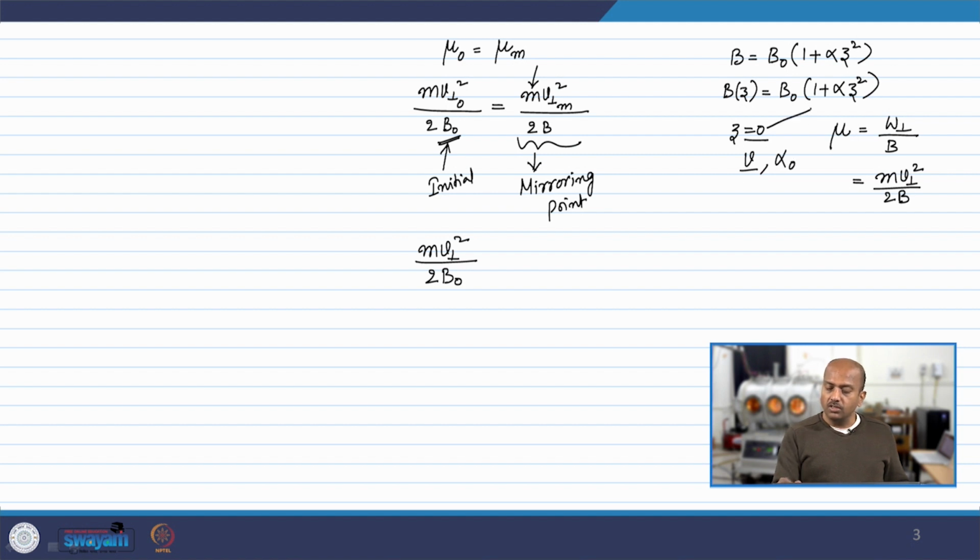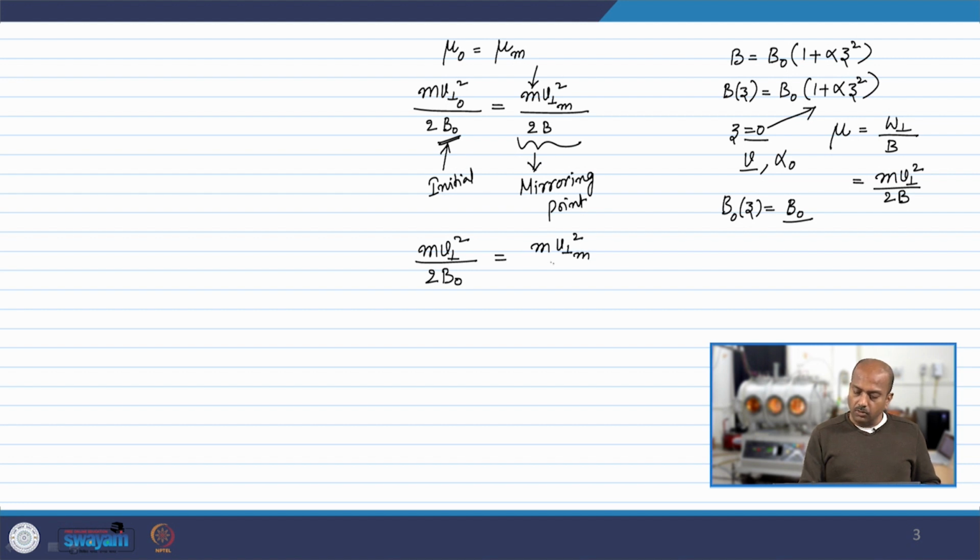So, when you substitute z is equal to 0 into this, the initial magnetic field at the beginning is nothing but just B naught, right. So, m v perpendicular square by 2 B naught is equal to m v perpendicular square. But here the magnetic field is not just B naught, it has to be B naught times 1 plus alpha z square.